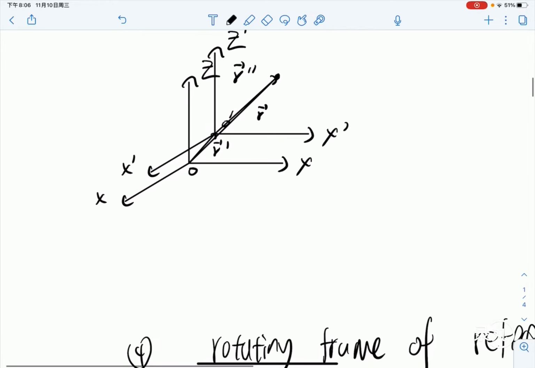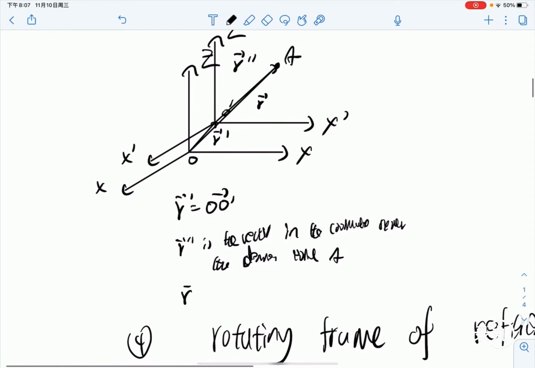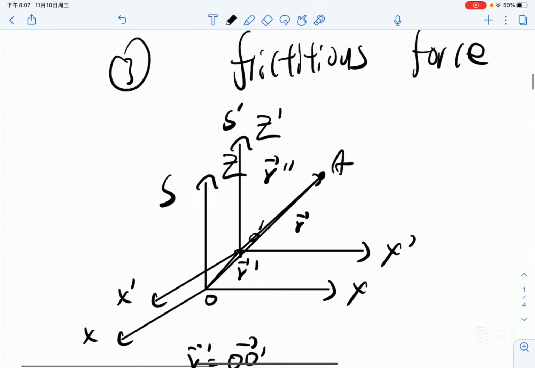So let me write it out. R is a vector in the new coordinate system that describes point A. We call this point A. And R is a vector that describes point A in the coordinate system of S, or just frame S, and this one's S prime.